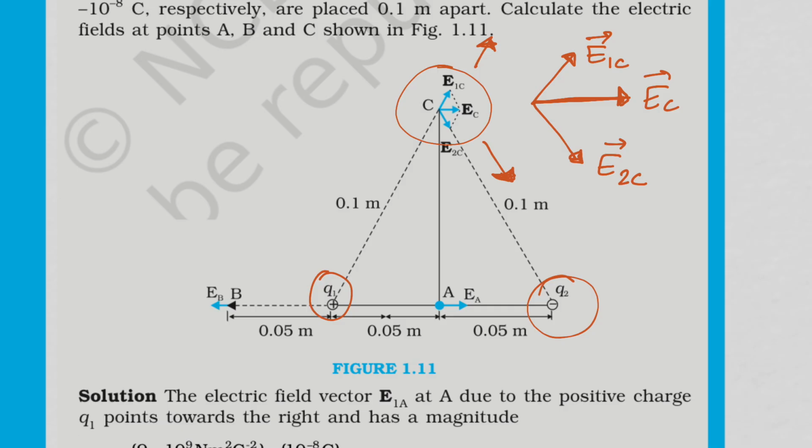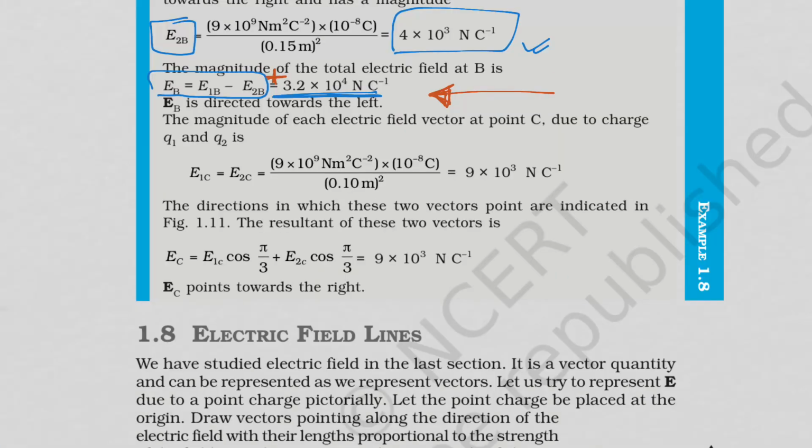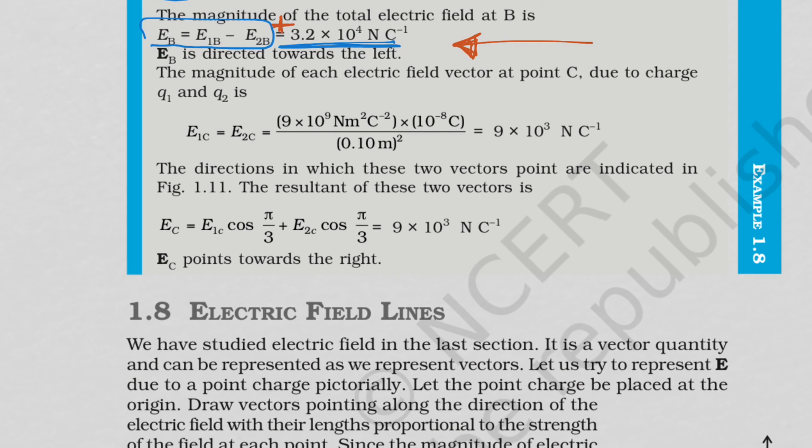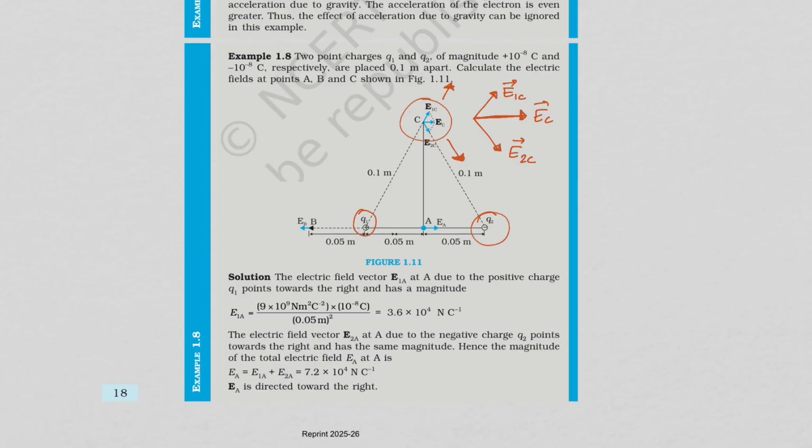And the direction is on the right hand side. Here, as you can see, E1C and E2C have the same values, but because of the directions, we have to take this vector sum, and the angles matter.